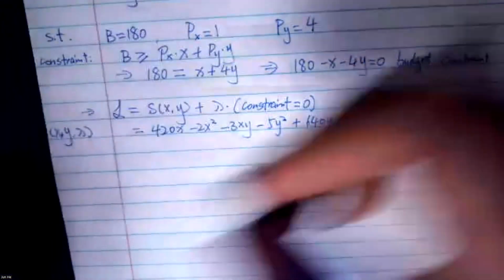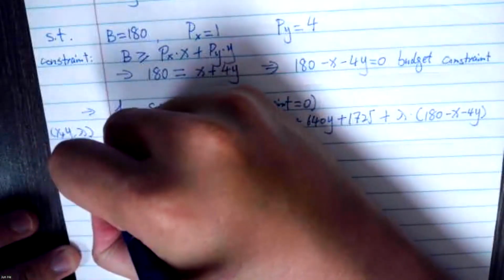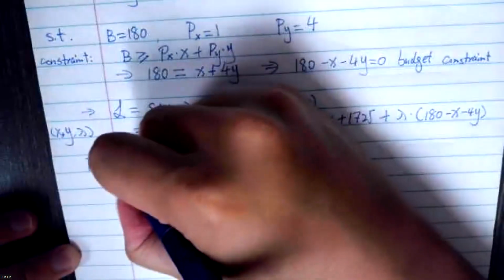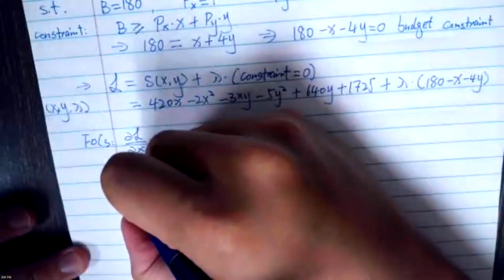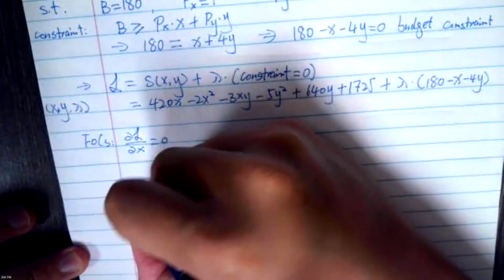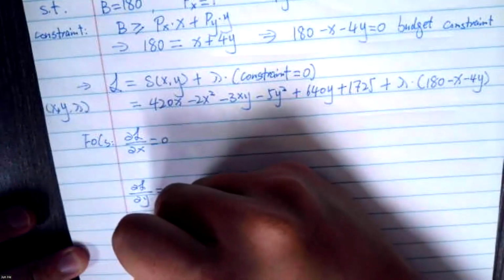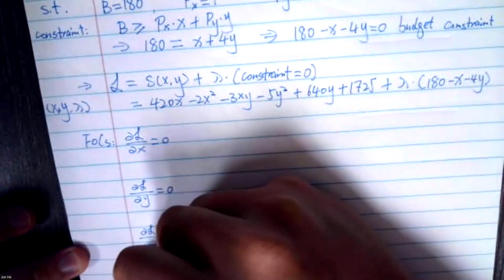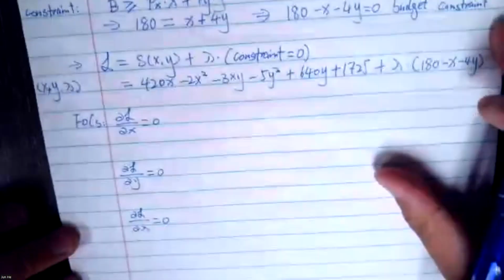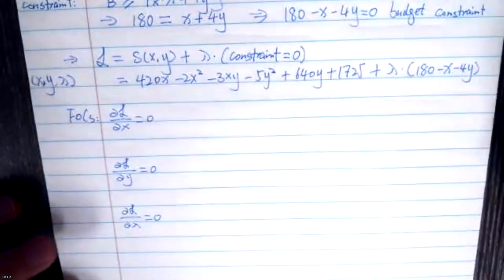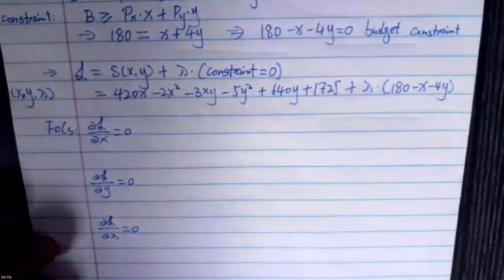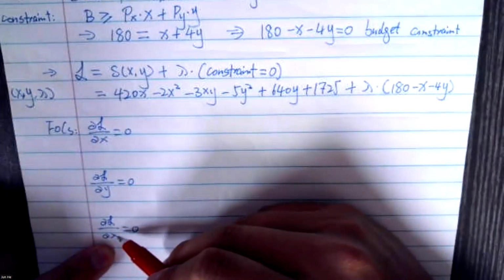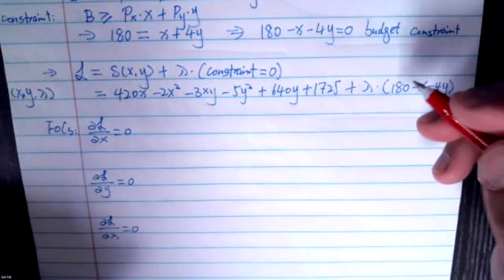Then let's do the derivatives, which are the first order conditions. Partial derivative of L with respect to x equal to 0, partial derivative of L with respect to y equal to 0, partial derivative of L with respect to lambda equal to 0. And I always start with the third one because that's the simplest. All right, so now you're treating lambda as the variable.